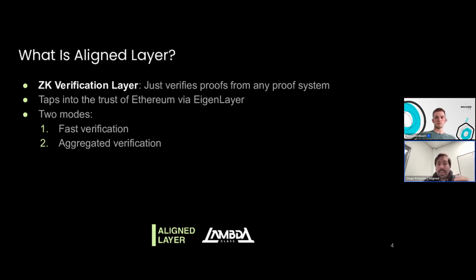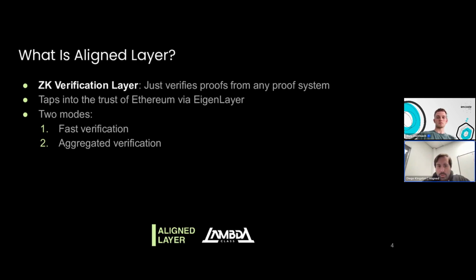Aligned has these two modes. We call one the fast verification, I think this is one of the distinctive features of Aligned. And then we have also what we call the aggregated verification, that is a more standard technique.